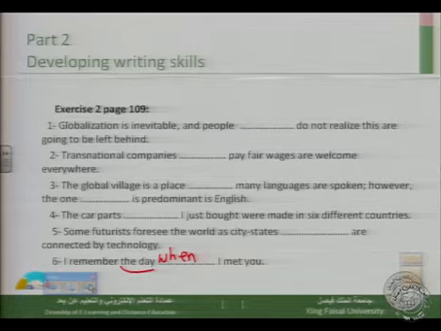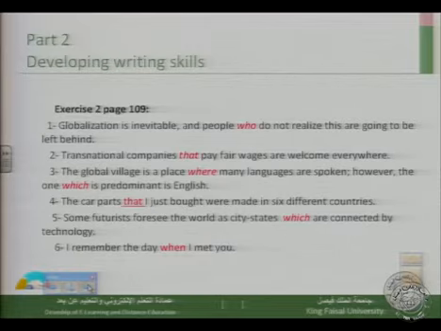Here, in the next slide, you will have the exercise done for you. The first one says, globalization is inevitable and people who do not realize this are going to be left behind. Number 2, transnational companies that pay fair wages are welcome everywhere.